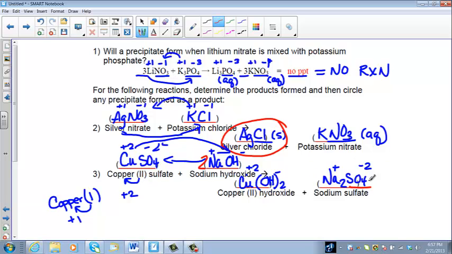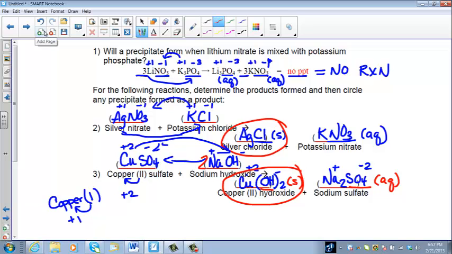Well, sodium is not one of those exceptions, so this is going to be aqueous. And then my hydroxides are insoluble. My OH is insoluble unless combined with group 1, calcium, barium, strontium, or ammonium. So this does not meet the exception. This is going to be my precipitate. So let me circle that guy. Okay.